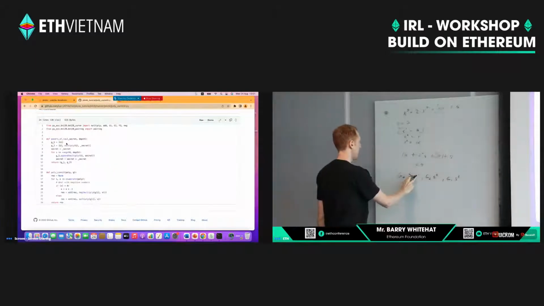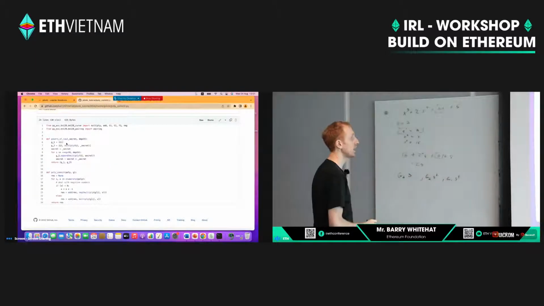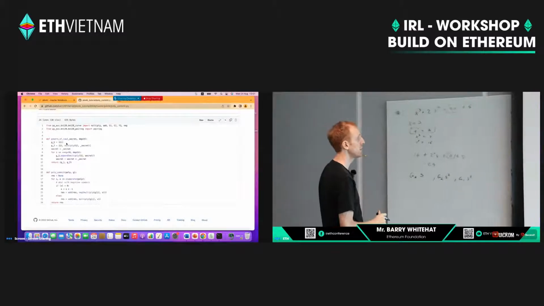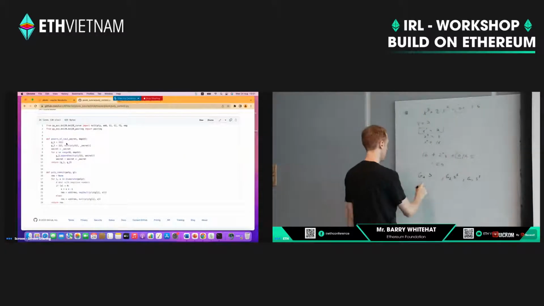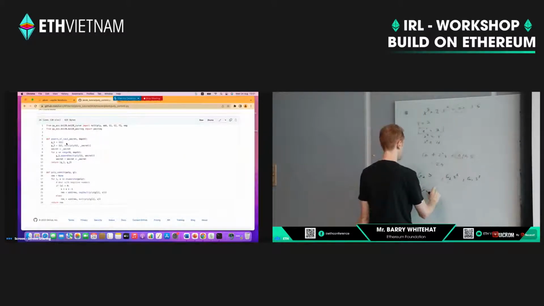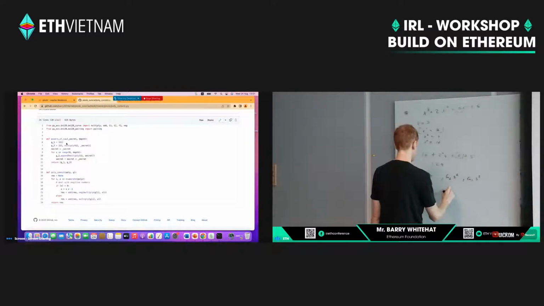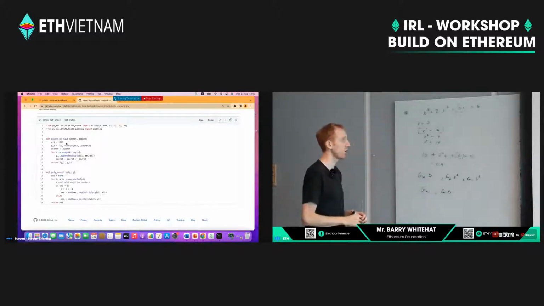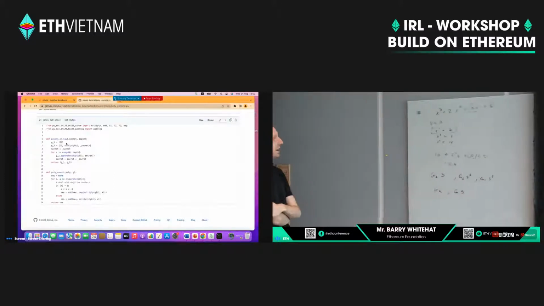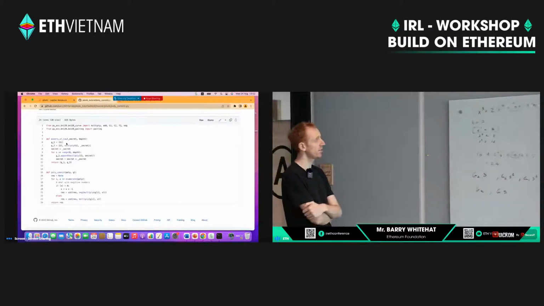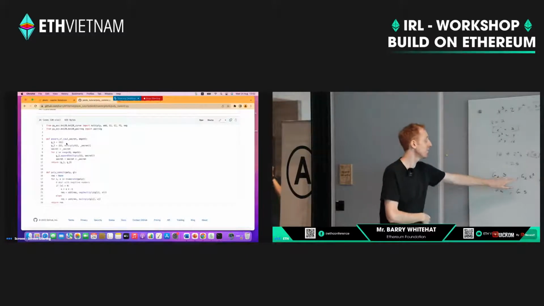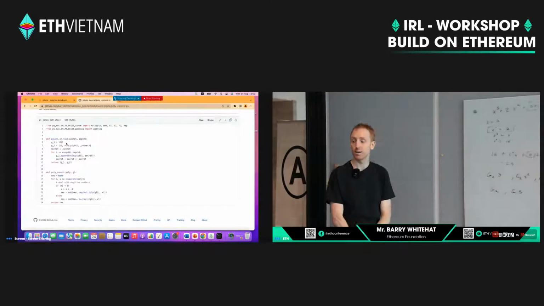And what's our verification key? Our verification key is basically just g2 and g2 times s. So this is our powers of tau. And basically we go through this and we calculate the various different powers of our secret.